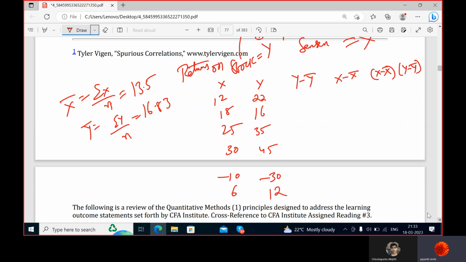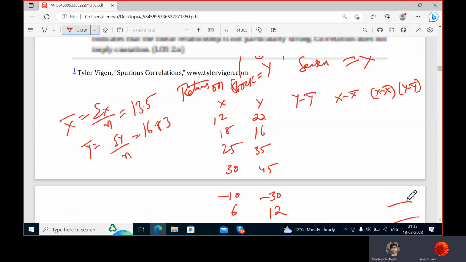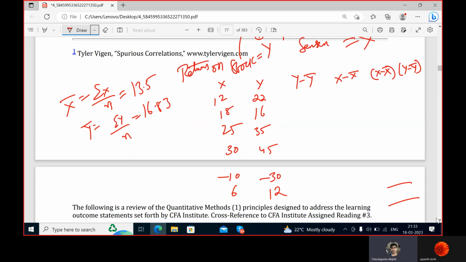Okay, Abhijit. So you can go for these calculations and then tell me what is the total. You should take Y minus Y bar, 22 minus 16.83. See what the values are. I'll calculate on my side, you do on your side.